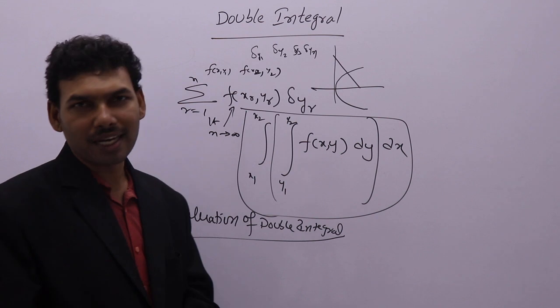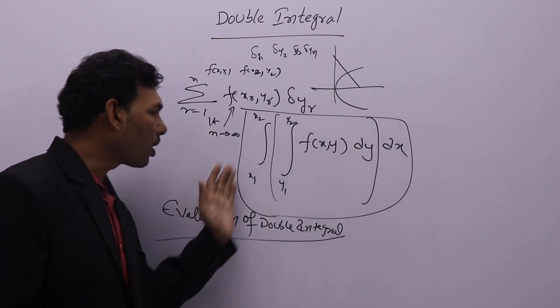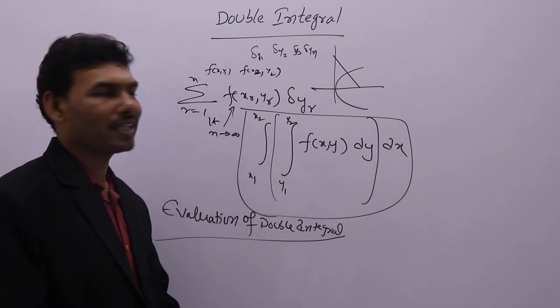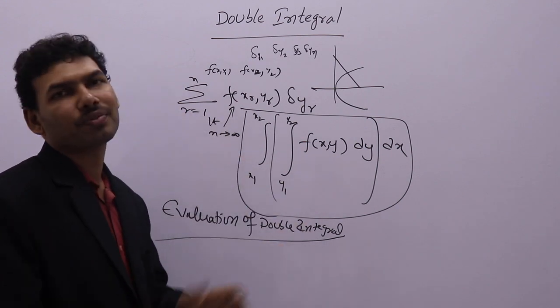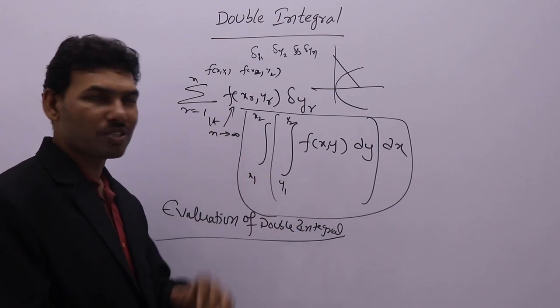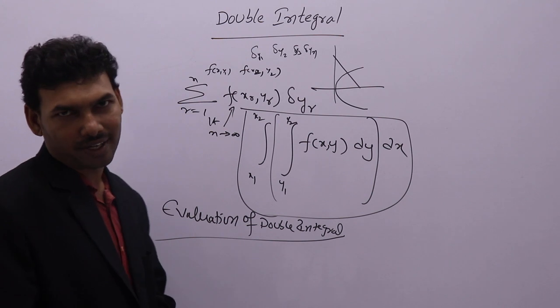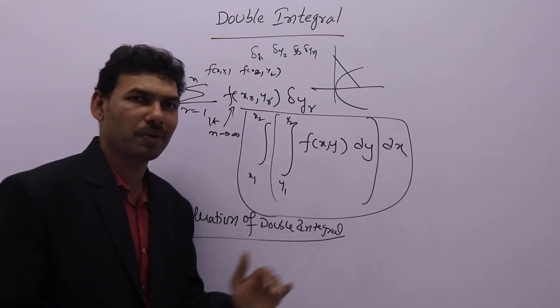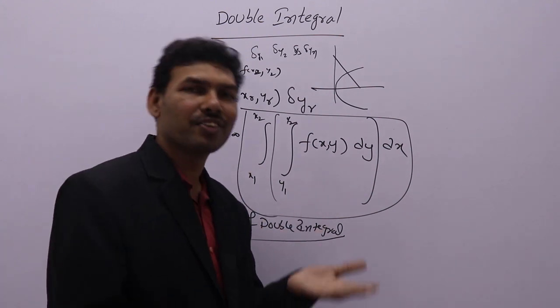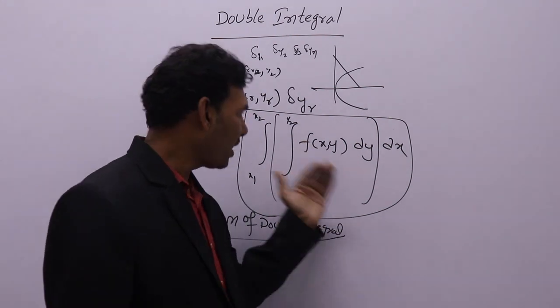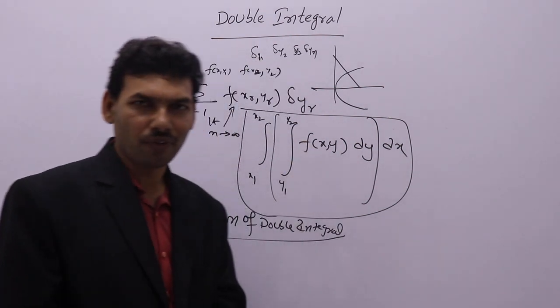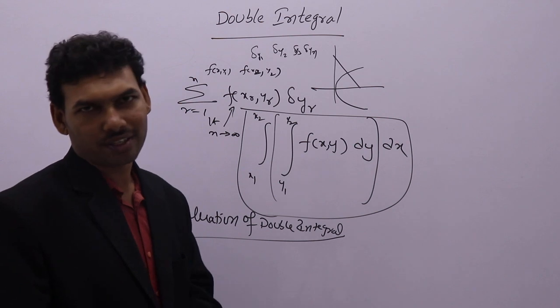The evaluation of a double integral is done like this. If the four limits are constants, then you can integrate in any order. If y limits are in terms of x and x limits are constant, then first integrate with respect to y, next integrate with respect to x. While integrating with respect to y, keep x constant.